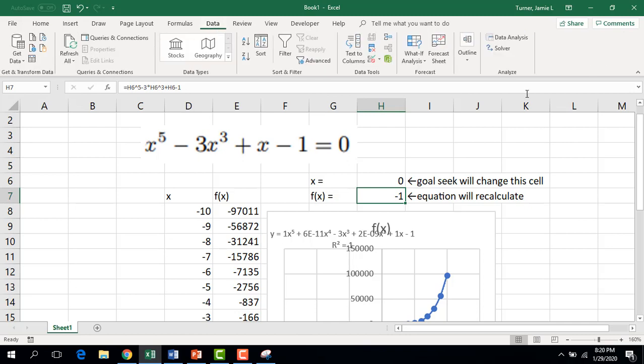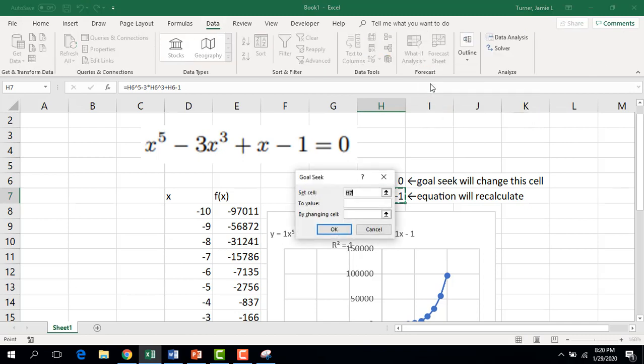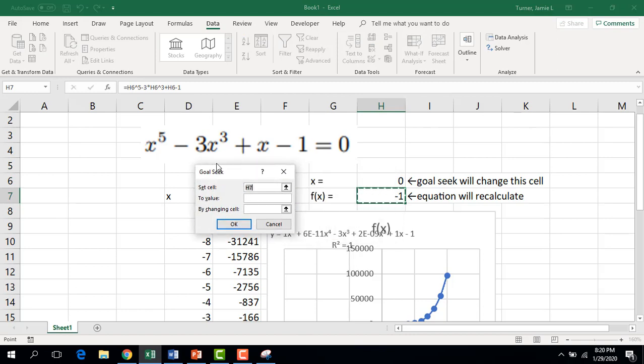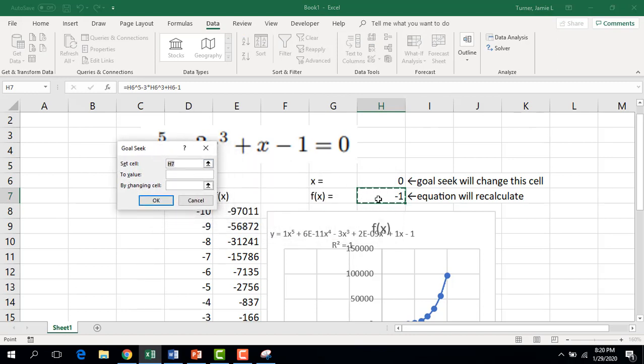Okay, so we're going to go over to Data, What If Analysis, Goal Seek, and our starting cell is the cell that we just typed that equation into, and we want that cell to eventually calculate the number 0. Okay, if we have the right value of x in, we'll end up with a 0 over there. So we're going to change this cell, and hopefully we can get down to 0.